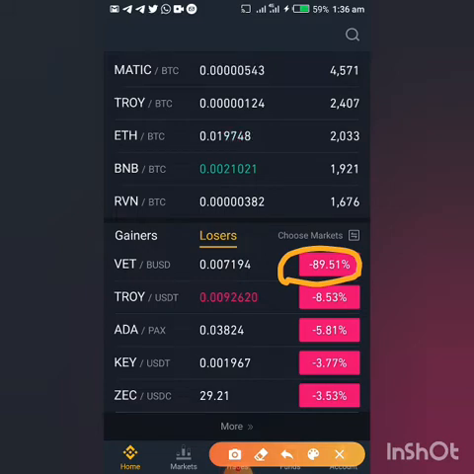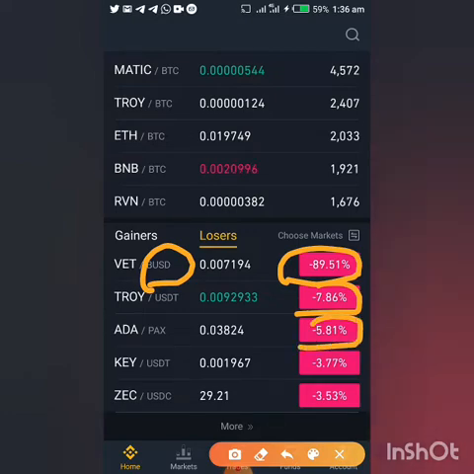You understand? The market where this kind of loss occurred was on BUSD. Then the next one is Troy USDT, which has lost about 7.86%, followed by another pair that has lost about 5.81%, followed by Key, which has lost about 3.77%, and then ZEC, which has lost about 3.53%.